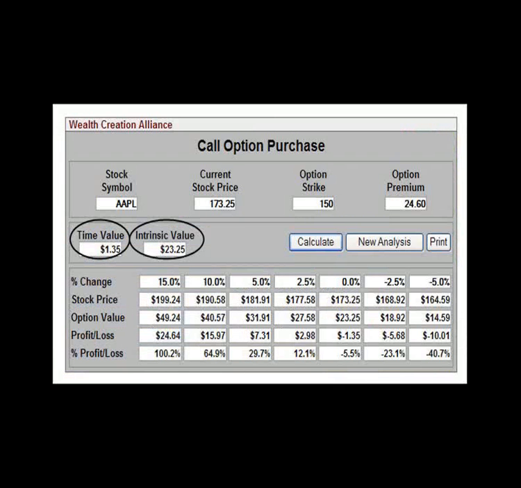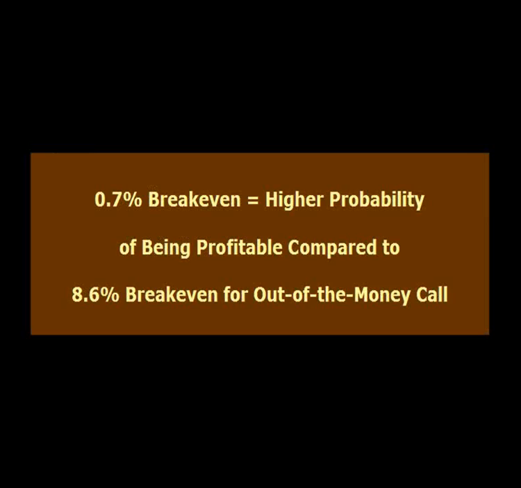This call option purchase calculator shows that this in-the-money call option consists of 1.35 points of time value and 23.25 points of intrinsic value. The time value of this 1-month option is only 0.7% of the current stock price. Apple stock would only have to increase 1.35 points, or less than 1%, for this trade to break even.